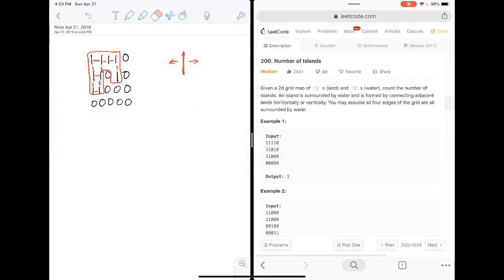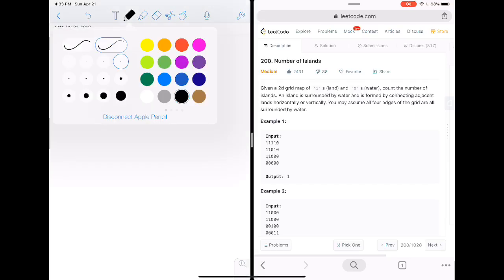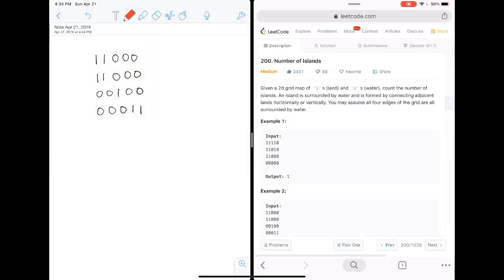So let's try another one, another example. So the other example they have is 1 1 0 0 0 1 1 0 0 0 0 1 0 0, and then they have 0 0 0 1 1. So over here, let's try to figure out what these islands should be. So these are connected, so this should be one island.